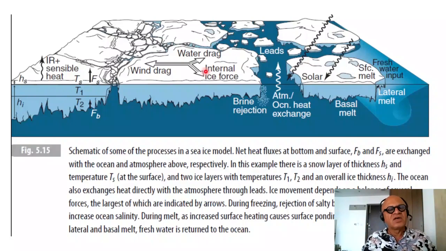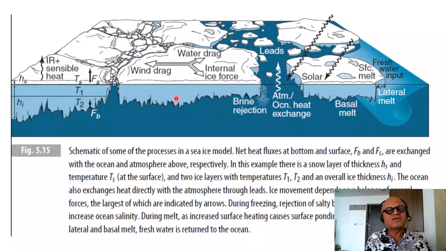So sea ice or any kind of frozen water does not have too many salts in it, especially compared to the ocean water. So what does that mean? That means during melt, as increased surface heating causes surface melting and warming waters cause lateral and basal melt, fresh water is returned to the ocean, right?